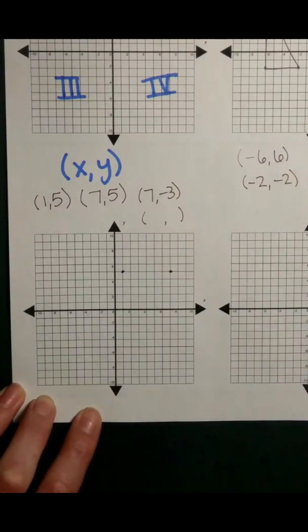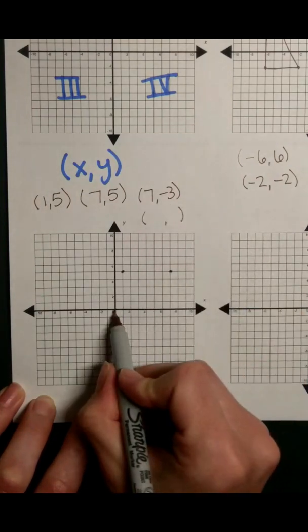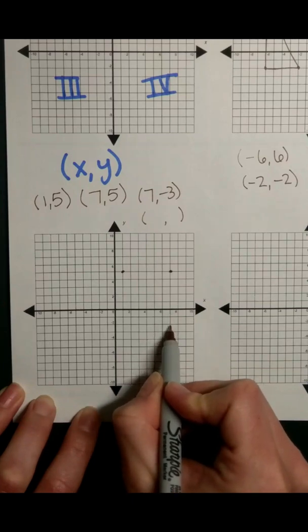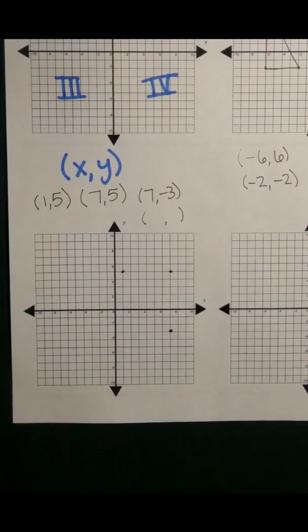And I get one more to plot, 7, -3. 7 is positive, so right 7. -3, so down 3 because it's negative. Here are my 3 given vertices.